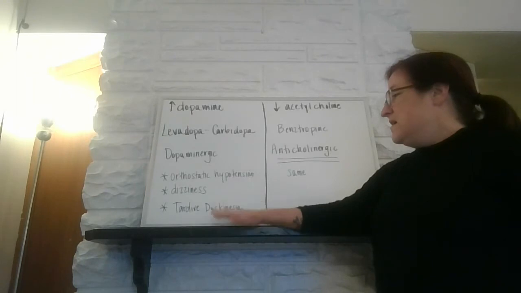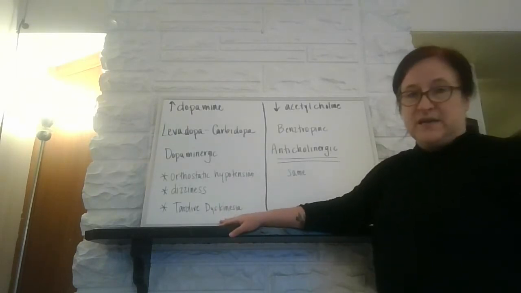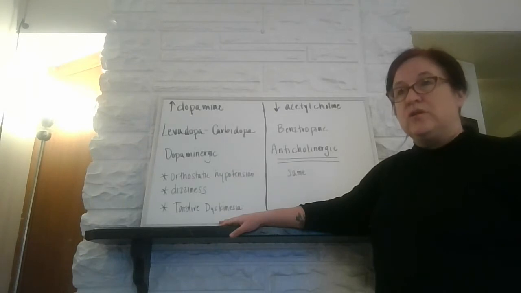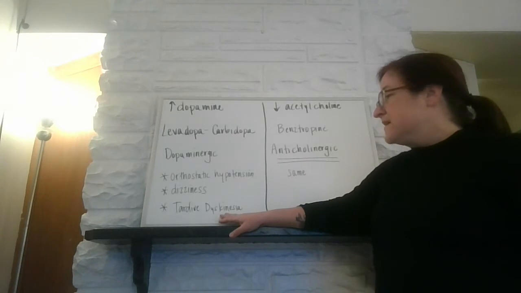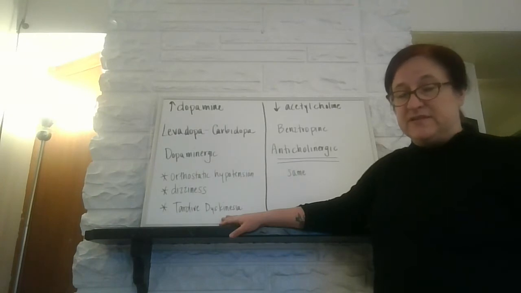Tardive dyskinesia is a particular type of repetitive movement that particularly affects the face. It can be like excessive blinking or lip smacking or sticking out the tongue excessively. Sometimes this shows up, and when you stop the medication or change the medication, the symptom goes away.